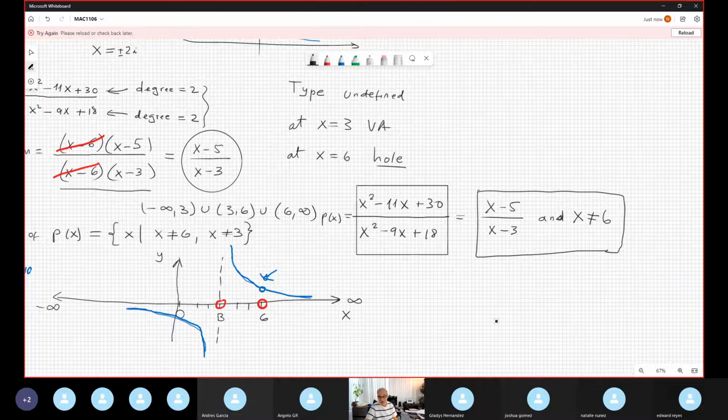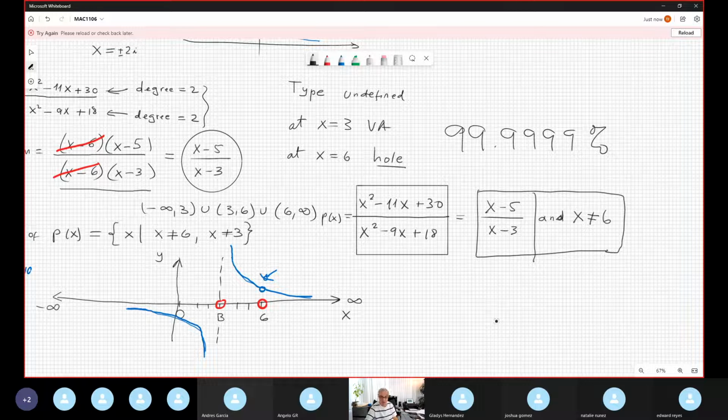So now you don't need to know this idea in detail. In the majority of the scenarios you work with this. This is equivalent, I suppose it's 99.9999% to the original. The original is ugly. It's complicated. This is easy. You work with this. But keep in mind, in 6 no, because in 6 we have a hole.